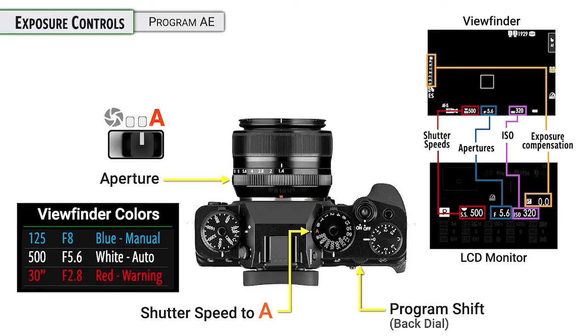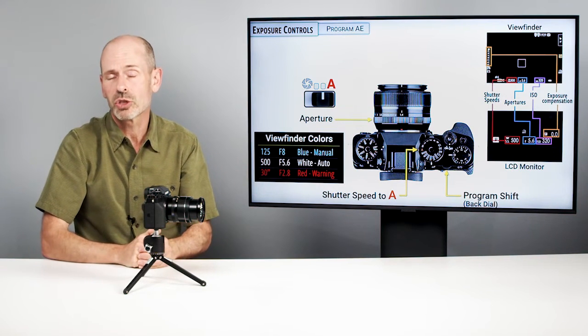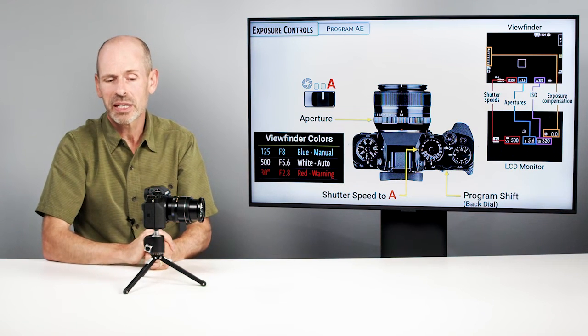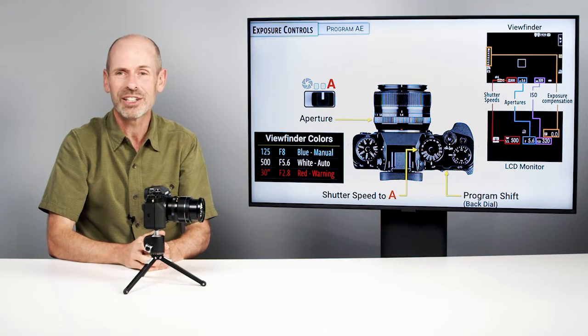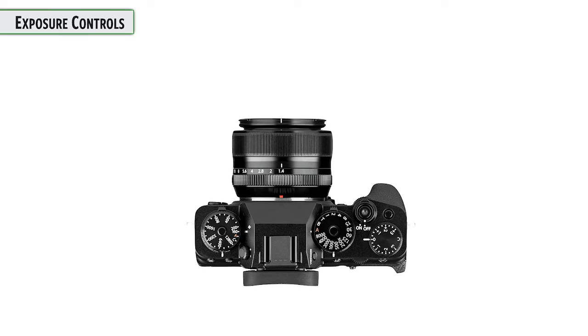So be aware of those colors, and if there's anything red, the camera's going to let you shoot a photo and it's not going to be properly exposed, but you're in control of the exposure. It's your job to pay attention in the LCD or the viewfinder whether you're getting any of those red indications or if those shutter speeds and apertures are appropriate to what you're doing.